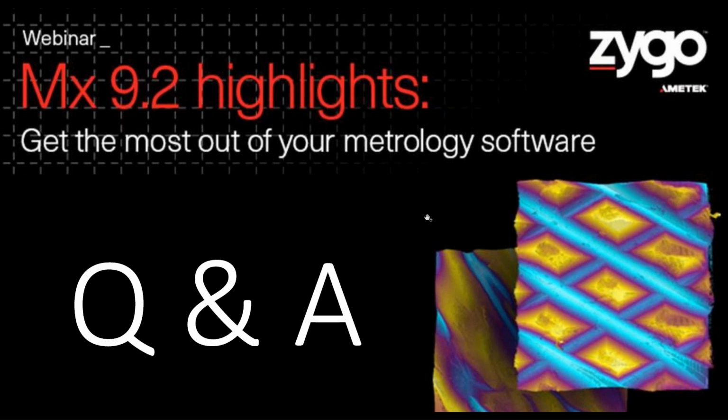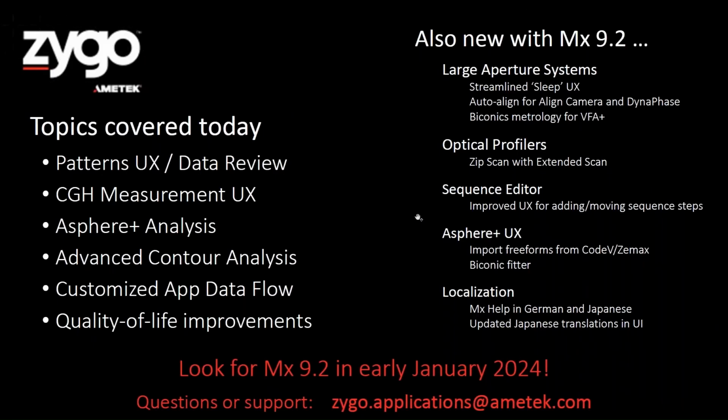Just to review, today we went over some of the key topics shown on the left-hand side. Those are some of the key aspects of what's new with MX 9.2, but there's lots more, summarized on the right-hand side. For example, for large aperture systems, we now have auto alignment using the line camera, and also auto alignment for Dynaphase.